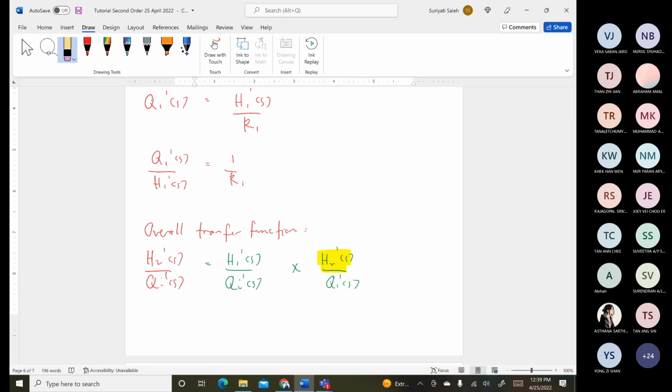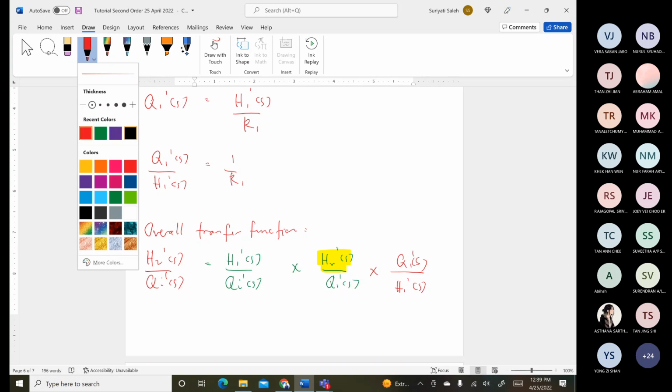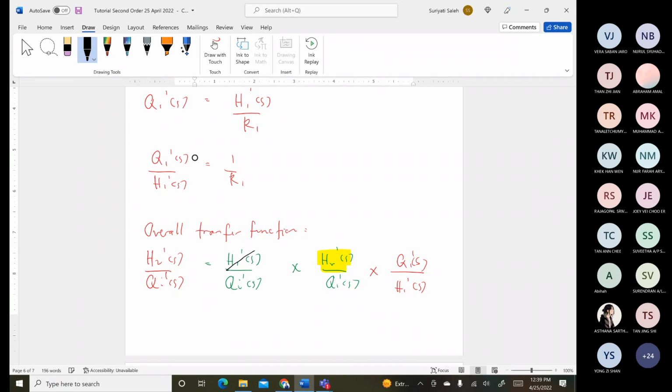Now we can further multiply the equation with Q1 prime S divided by H1 prime S. When we include the valve relationship, we can see from this equation that we can eliminate the H1, and the Q1 can be eliminated with this.